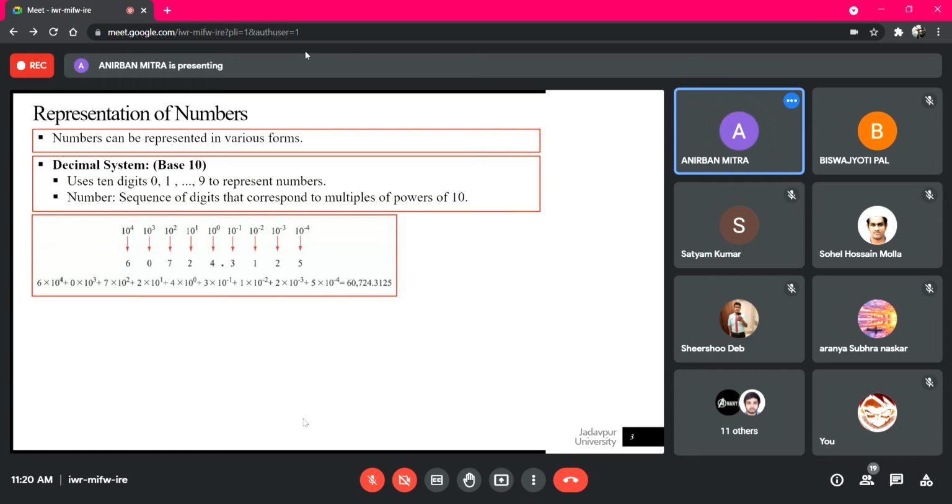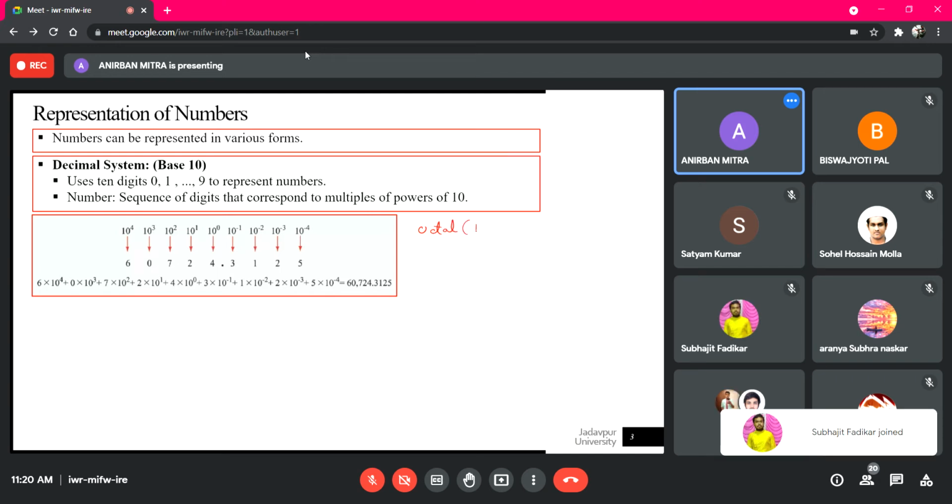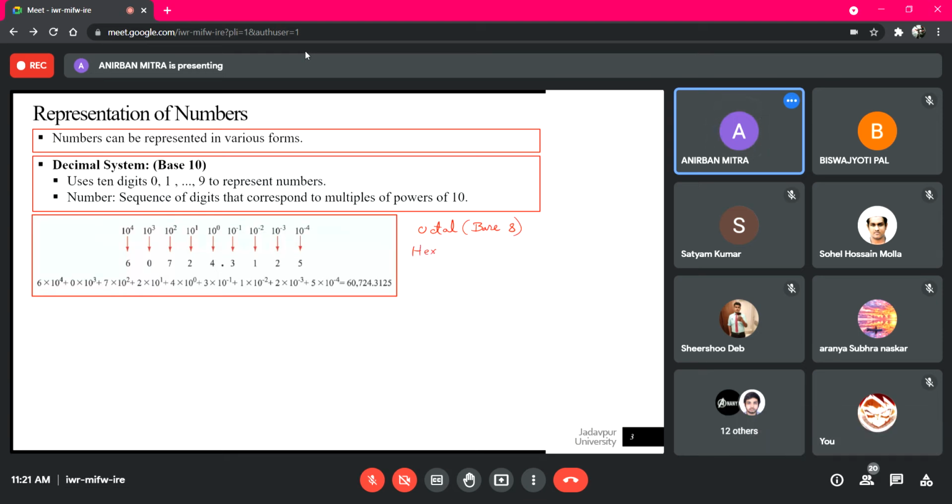There are other number systems as well. For example, there is the octal number system. It's a base 8 number system. We also have the hexadecimal number system, which is base 16. Now, in case of base 8, we have 8 digits, of course, so it starts with 0, goes up to 7.